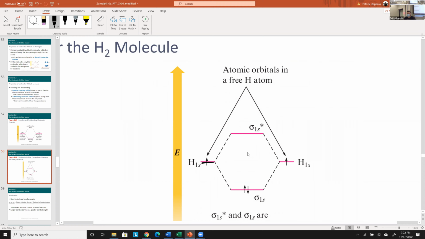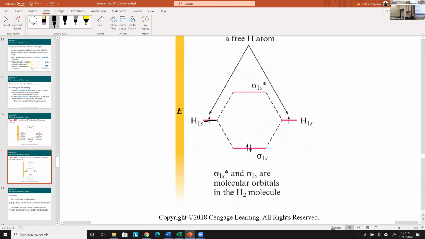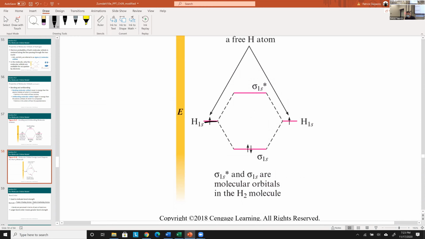There's only a sigma for 1s. There's no multiple bonds, double bonds or anything. And then we call this one the anti-bonding, sigma star. That's actually the nomenclature. So star means anti-bonding. So sigma 1s star and sigma 1s are the molecular orbitals in the H2 molecule.